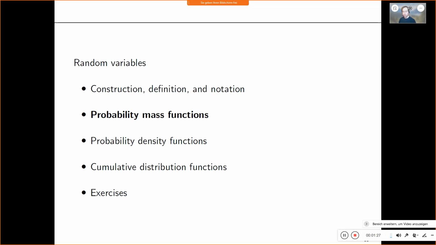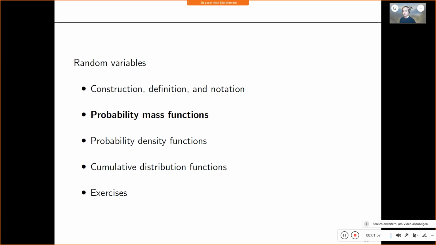And the reason why they are relevant, based on what we just saw, is that there are essentially two ways to define the distributions of random variables, so the probability measures that are associated with random variables. One way is by construction of an underlying probability space, the definition of the functional form of the random variable, and then an assessment of the probabilities associated with the pre-images that are of interest.